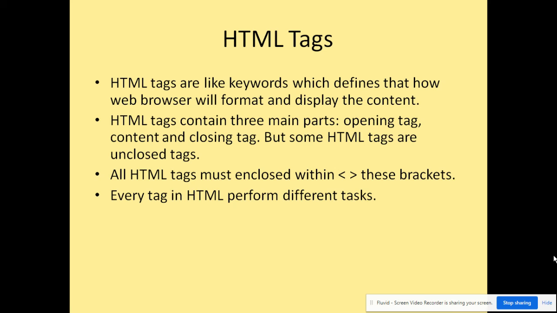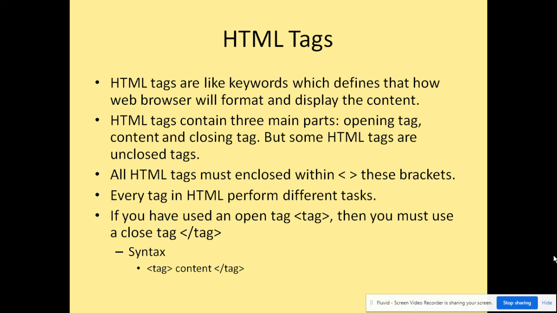All HTML tags must be enclosed in angular brackets, that means the less than and greater than signs. Angular brackets, these tags in HTML perform different tasks. There is a list of tags coming in the next slide, where I will show you the closing tags and unclosed tags, and then I will explain.